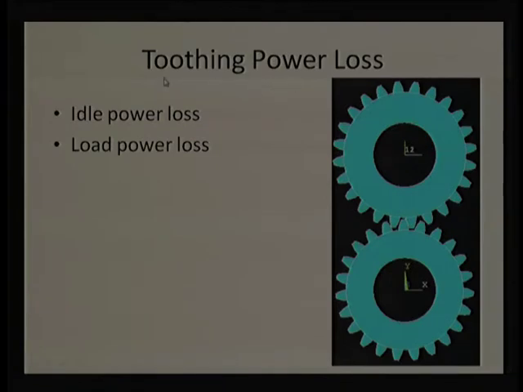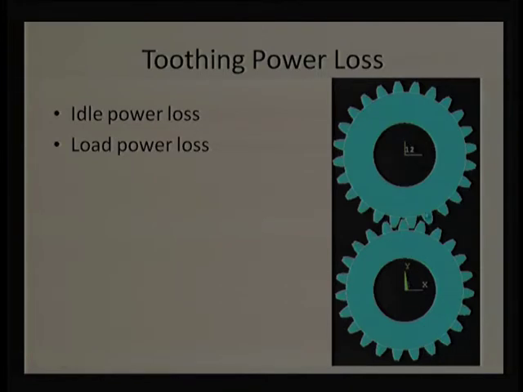We discussed the major factor, tooth power loss. We said that tooth power loss can be divided into two subcategories. One is called ideal power loss, meaning there is no load applied on the gears, but still there is a speed variation that causes a churning effect. You can see this kind of tooth profile, and we assume the whole tooth profile is submerged in liquid.